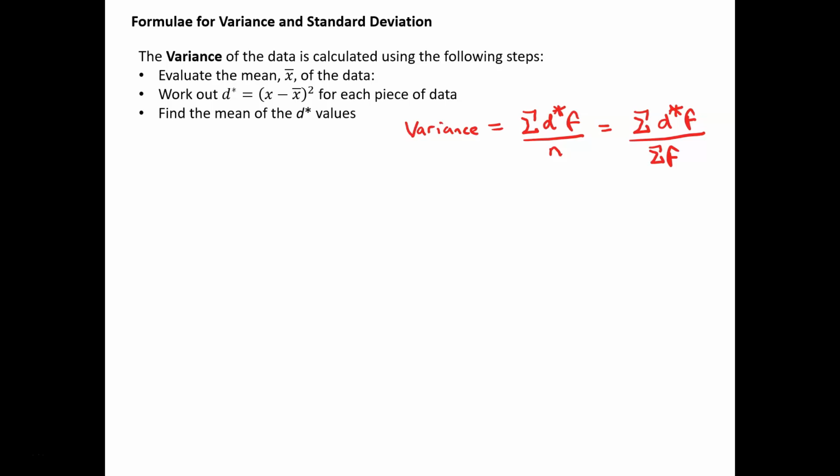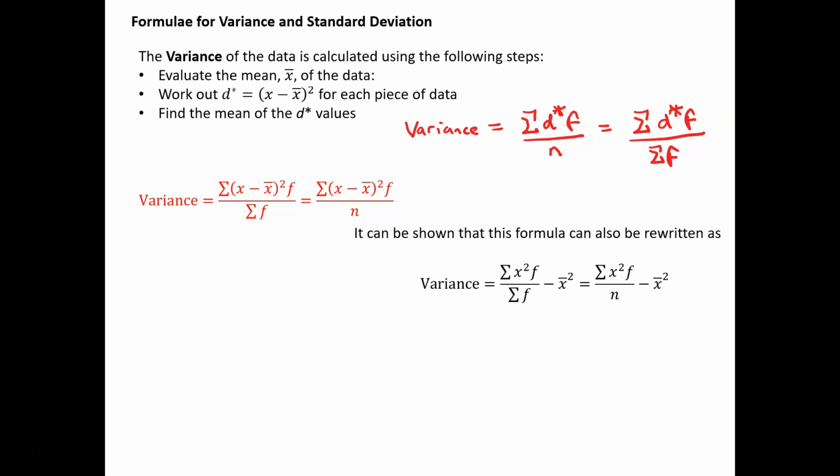Since d star is x minus x bar all squared, we can now write the variance is the sum of the x minus x bars all squared times the corresponding frequencies divided by the sum of the frequencies, or the sum of the x minus x bar squared times the frequencies divided by n, where n is the sum of the frequencies.